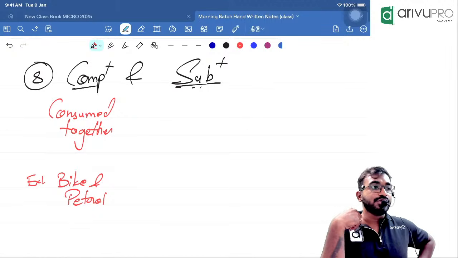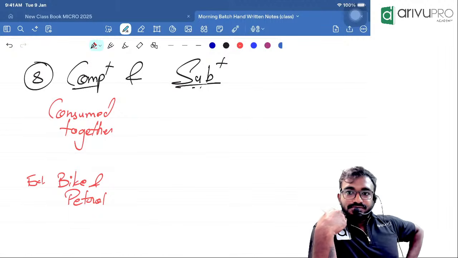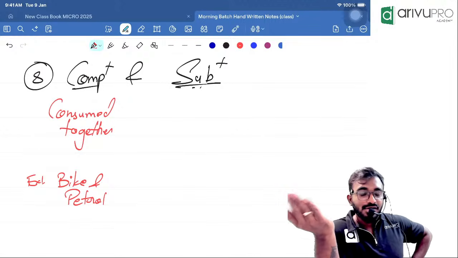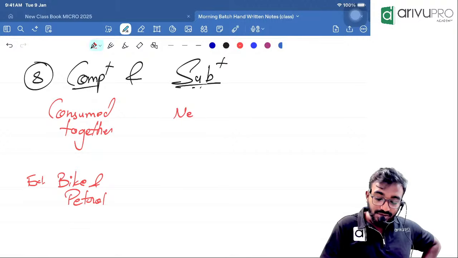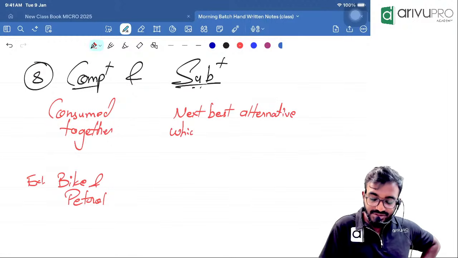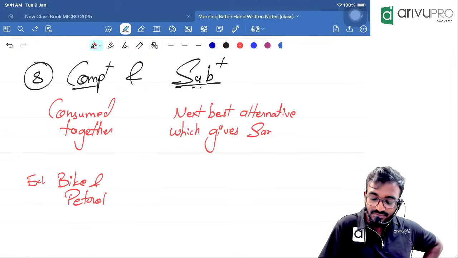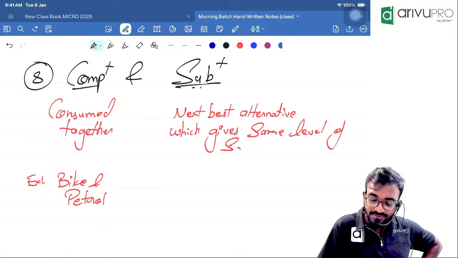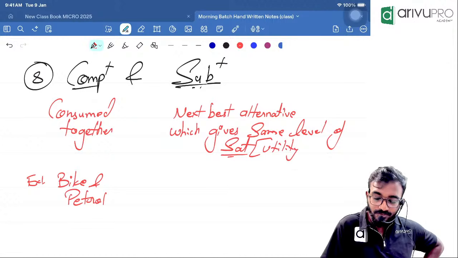What do you mean by substitute goods? Instead of one, we are going to consume the other. So they are called next best alternative, which gives the same level of satisfaction, that is utility.